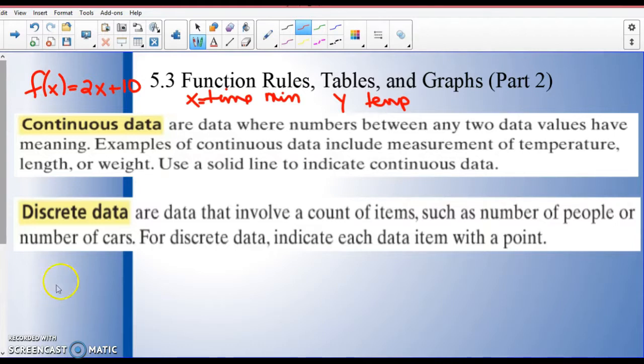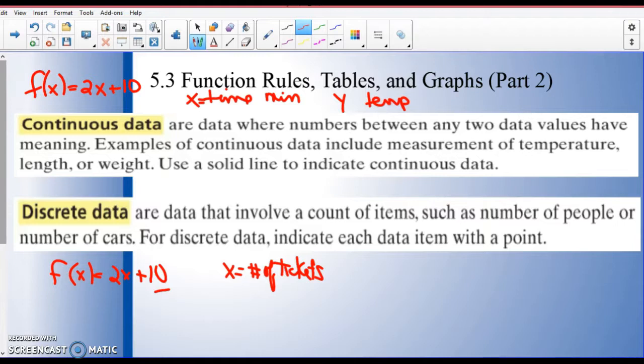Let's take that same function, f of x equals 2x plus 10, and I'm going to describe it this way. x is the number of tickets. Pretend you're going to a fair, and it costs $10 to get into the fair. And then every ticket that you buy to ride the ponies costs you $2.